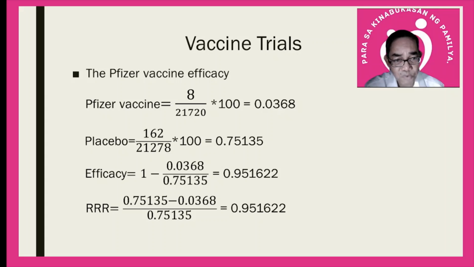If you use this formula, CER minus EER, divided by the CER, the result will be the same. So that means the efficacy of the Pfizer vaccine is 95%, if you multiply that by 100.